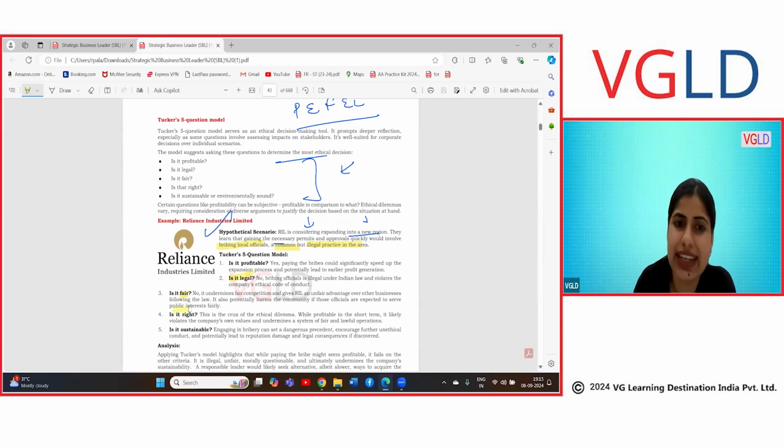Again, is it right? Right or wrong depends upon the ethical situation. Let me give you one example. It is said that murder is wrong. We know that murder is wrong. But suppose a criminal is trying to shoot you and you also have a gun or knife in front of you, and you kill that person just to save yourself.